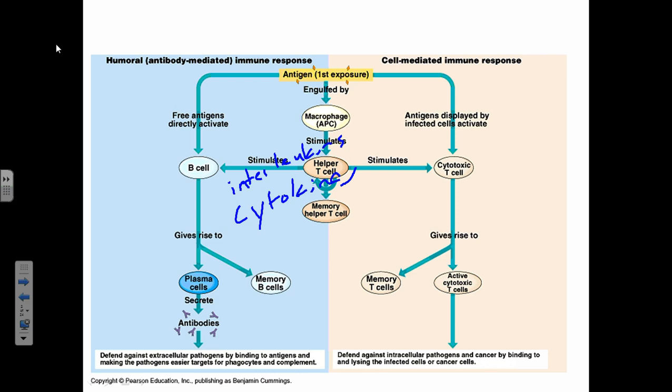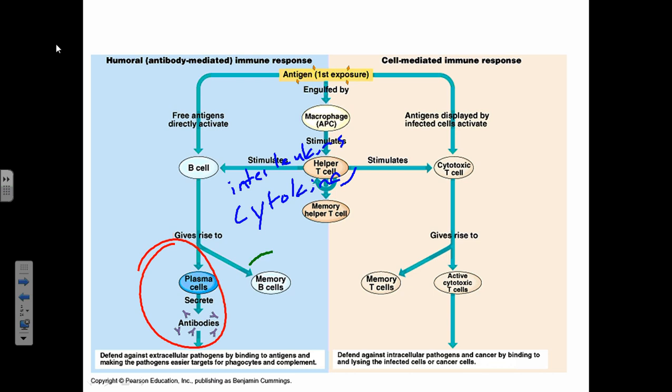And then most of those B cells turn into what are called plasma cells. And they're called plasma cells because they have a whole lot of what organelle? Rough ER. And things with a lot of rough ER are mostly doing what? Making proteins, and then doing what with the proteins they're making? Shipping them out. And the proteins they're making in this case are antibodies. Antibodies specific to that particular antigen up there at the beginning.